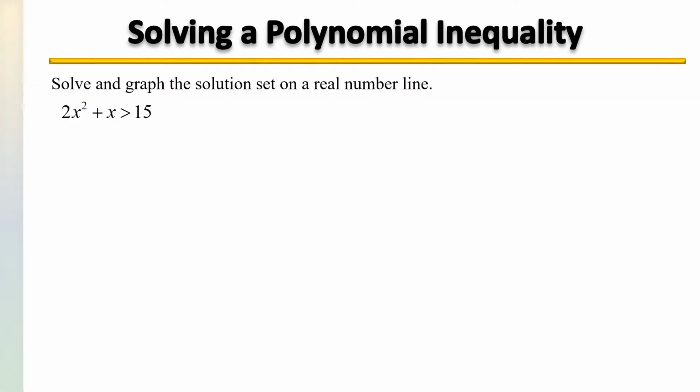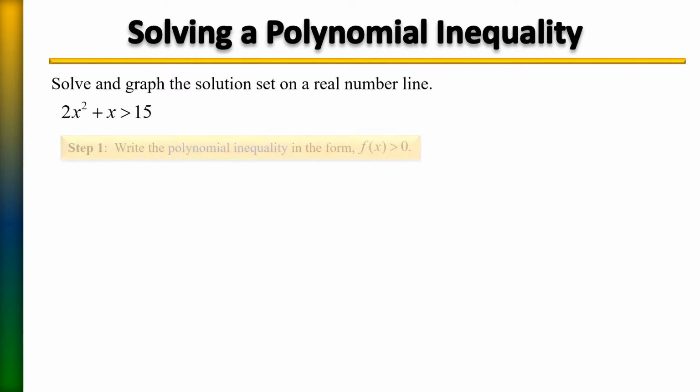Starting with the first one, it says solve and graph the solution set on a real number line. So step one, we want to get it in the correct form where we have all of our numbers on the left and 0 on the right. We're going to have to move that 15 to the other side. Recall, to do that, you do the opposite. The opposite of positive 15 would be negative 15.